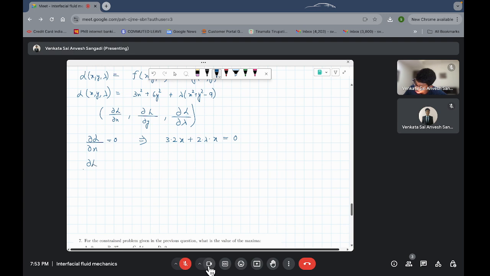Del L by del y is equal to 0, which gives 6 into 2y plus 2 lambda into y, and finally dL by d lambda is equal to 0, which implies x square plus y square minus 9 is equal to 0.